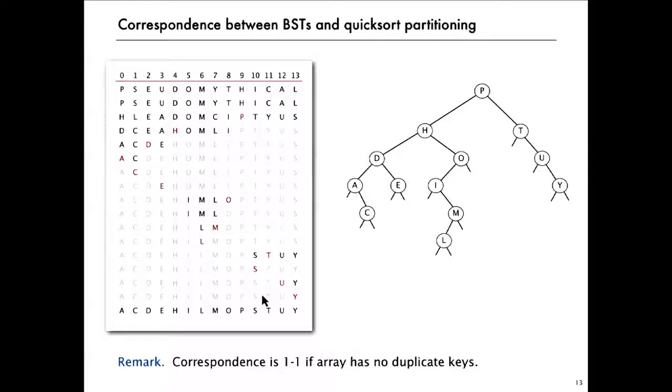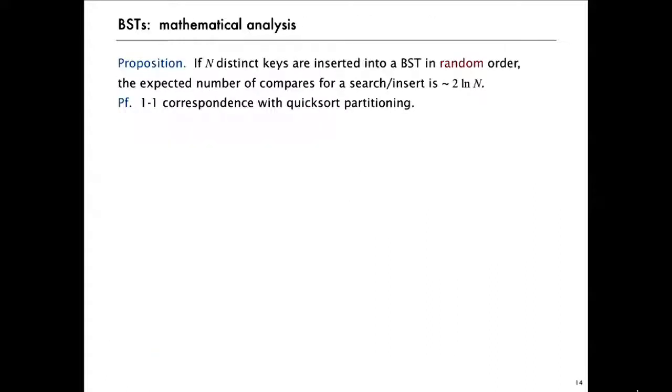If there are no duplicate keys, there's a one-to-one correspondence between what happens with quicksort and what happens with binary search trees. And we point that out because that helps with the mathematical analysis.